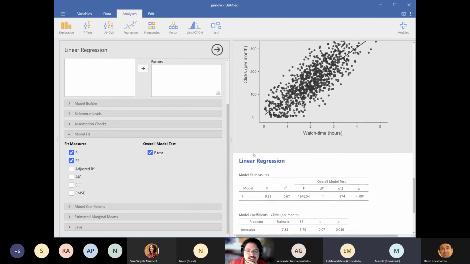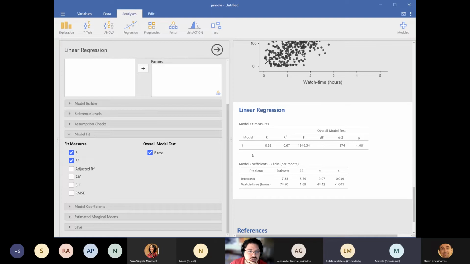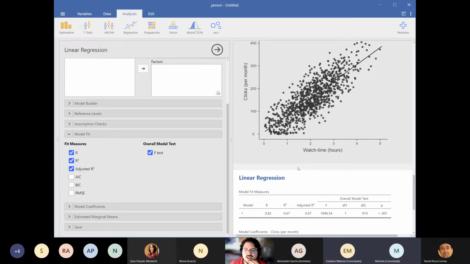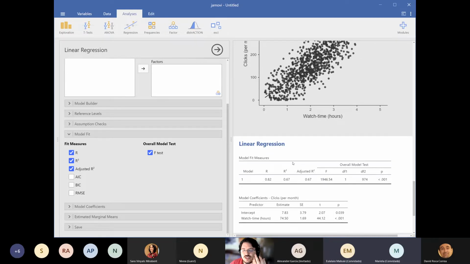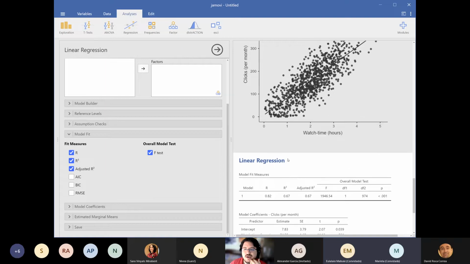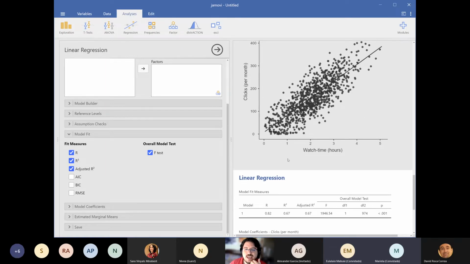Now, there are other parameters that we can get with this analysis. The other one is the adjusted R-squared. The adjusted R-squared is not relevant if we are not comparing models with different numbers of parameters. But basically, if you say, I not only have watch time, I also have the timestamp on when my advert was seen.